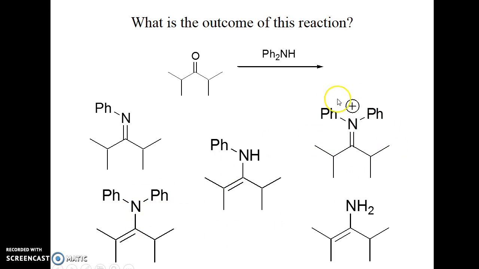This is the intermediate on the way to an enamine, because what happens in the next step is a proton would be removed here, and then you would have the electrons jump to form this. This is the enamine. So the outcome of this reaction is this one after the proton is removed by base.